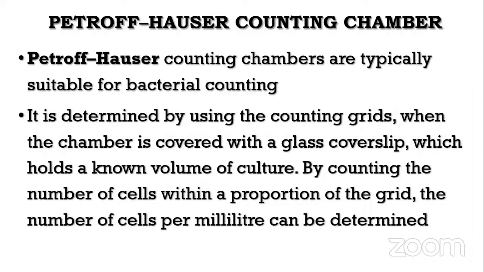It is used in a way of counting with a grid as well, and it uses a cover slip with a known volume of culture, just like the hemocytometer. And the counting is within a proportion of the grid.